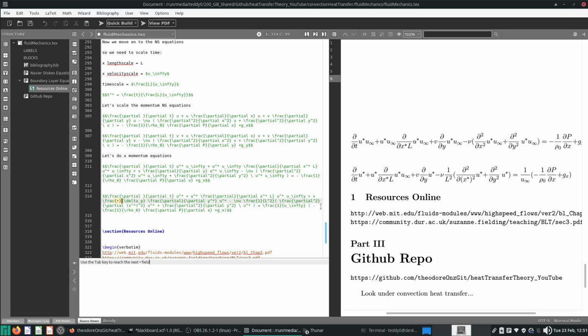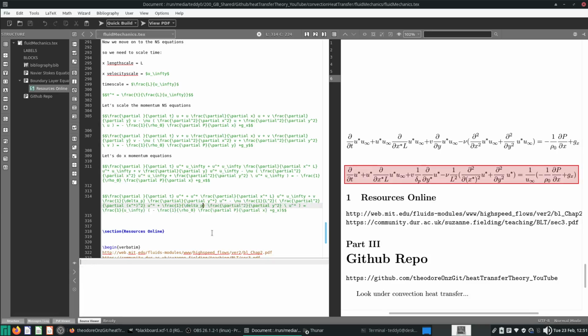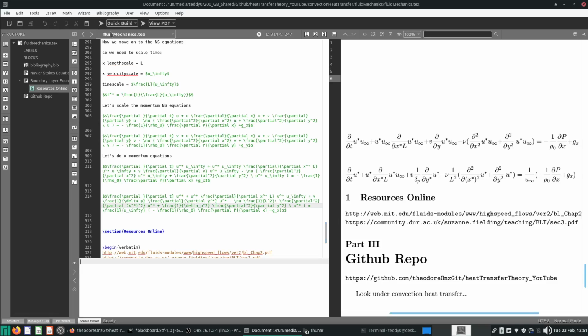So we'll just bring out the delta p factor there, and let's see. Same, and then we'll do the same for this part as well.